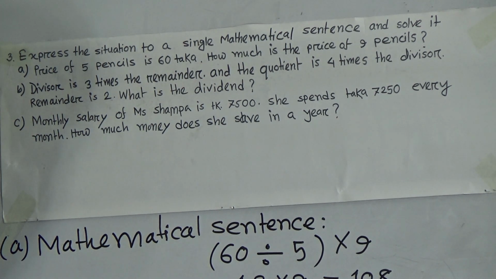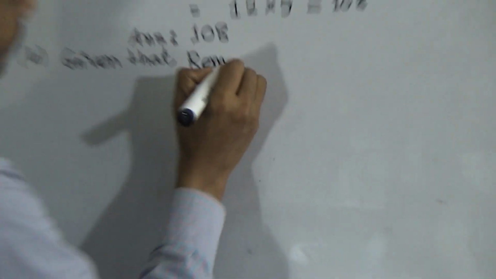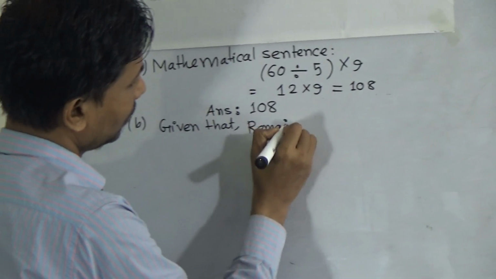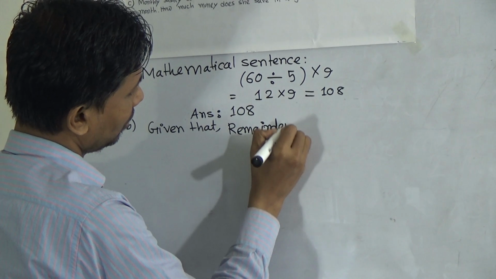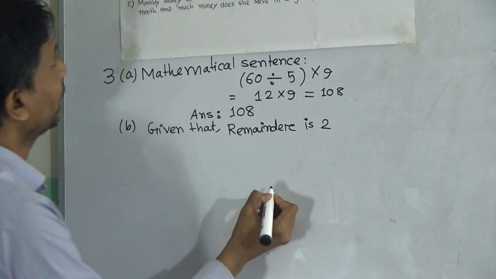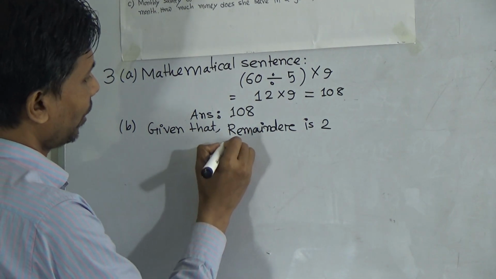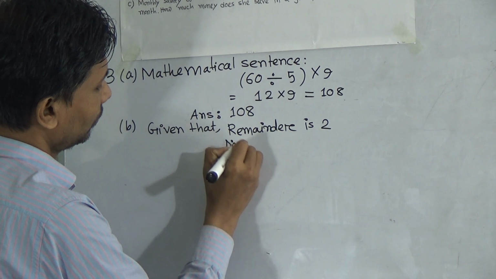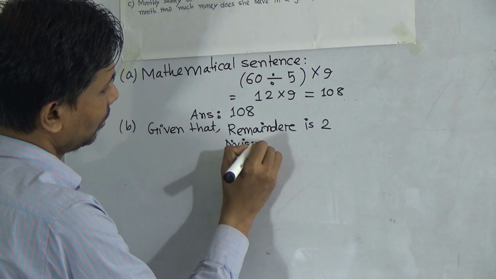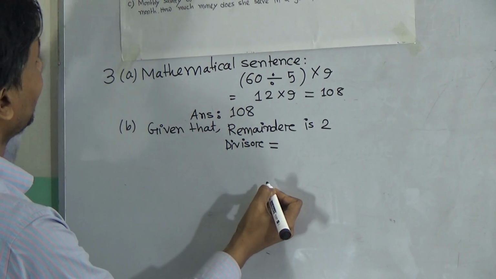Given that the remainder is 2. Okay, the remainder is 2 and the divisor equals what? The divisor is 3 times the remainder.